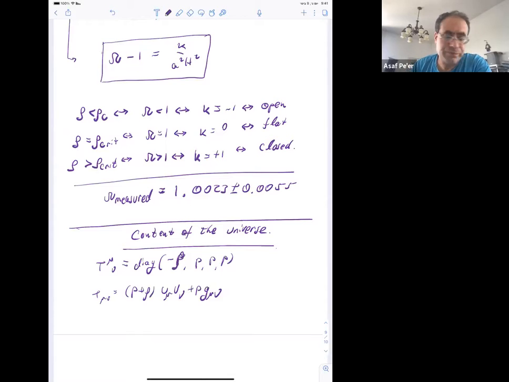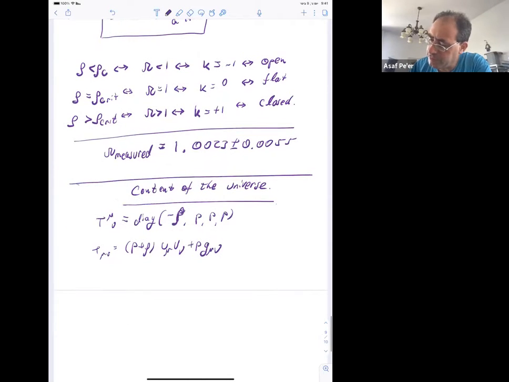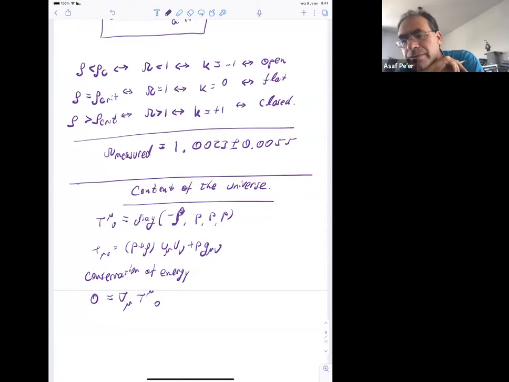So now we can look at the conservation of energy. Conservation of energy, I want to remind you, is just the covariant derivative of T mu nu equal to 0. That's how we write conservation of energy in a covariant form.